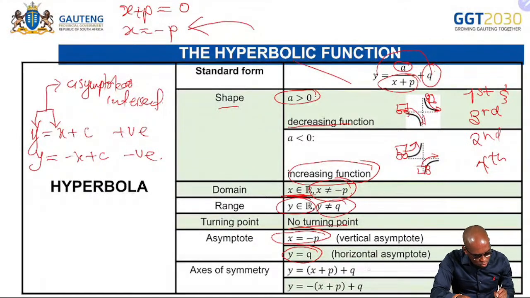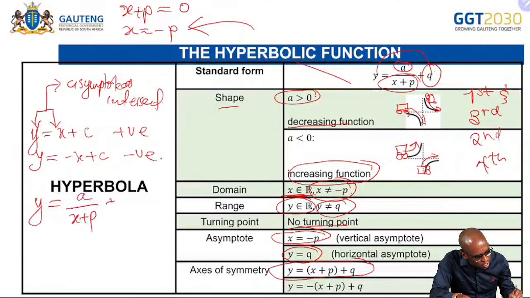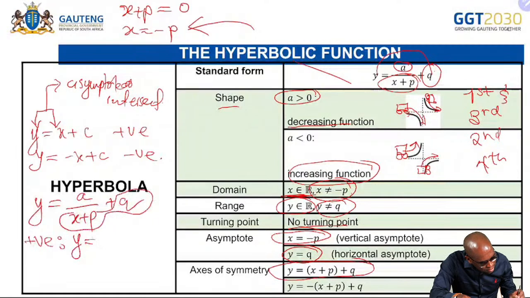But there is another method which you can use, which you get straight from the equation. If you check, the equation is y equals a over x plus p, plus q. If you want the one with a positive gradient, you take this as it is, so you get y equals a over x plus p, and then plus q.